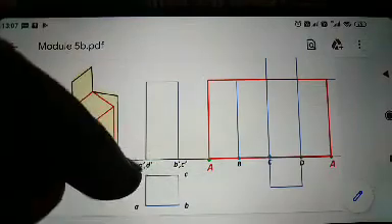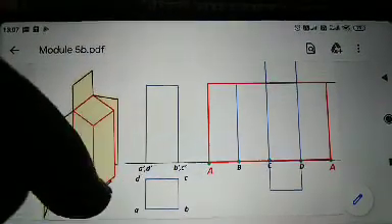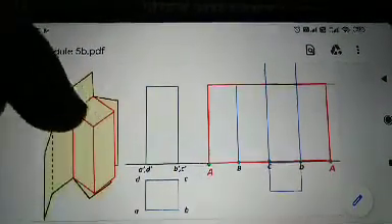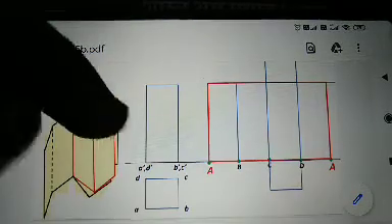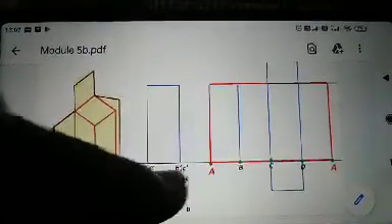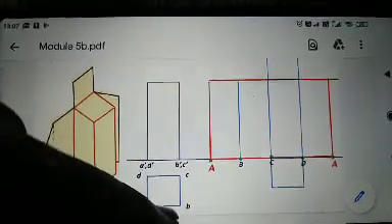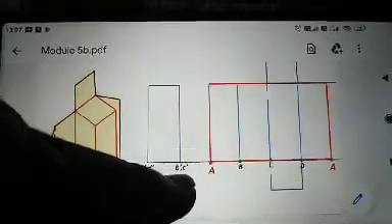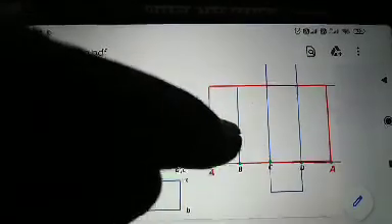Then, as the square prism consists of four faces or four sides, you have to draw the four sides of that prism by measuring the side AB equal to BC equal to CD equal to AD.